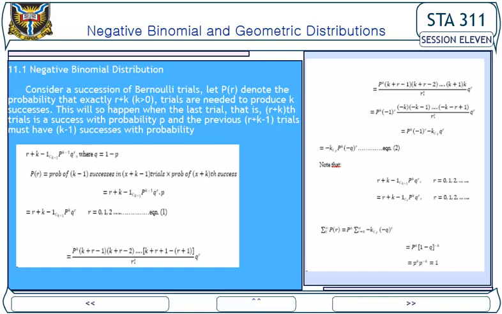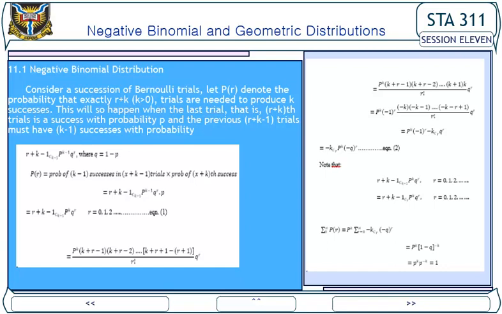This will happen when the last trial, that is the R plus K trial, is a success with probability P, and the previous R plus K minus 1 trials must have K minus 1 successes with probability R plus K minus 1 combination K minus 1, P raised to power K minus 1, Q raised to power R, where Q is equal to 1 minus P.